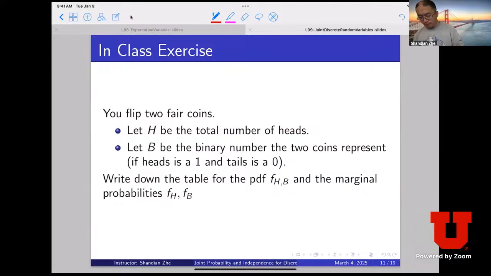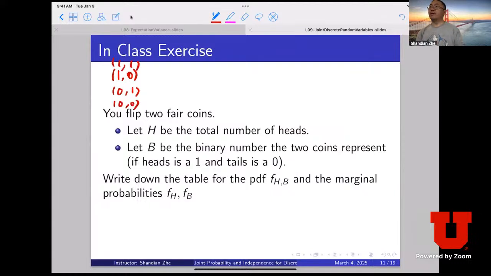That means your sample space will be what? What is the outcome for each experiment? Every sample in the sample space will be something like 1, 0, 0, 1, 0, 0, 1, 1.